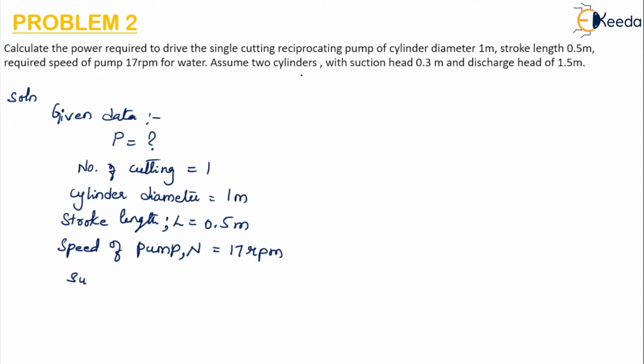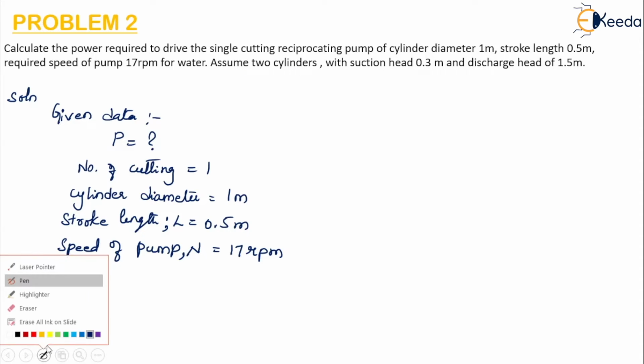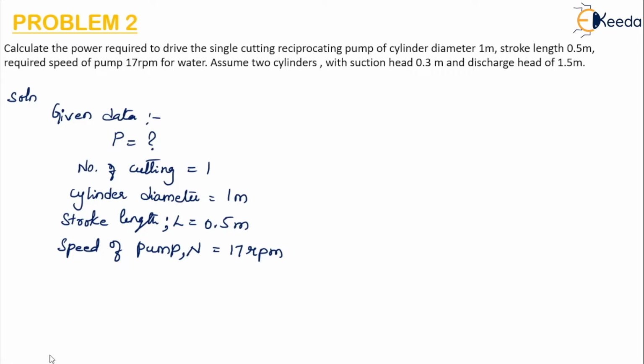So assume 2 cylinders. So the number of cylinders, small n, is 2. And then they have given the suction head.